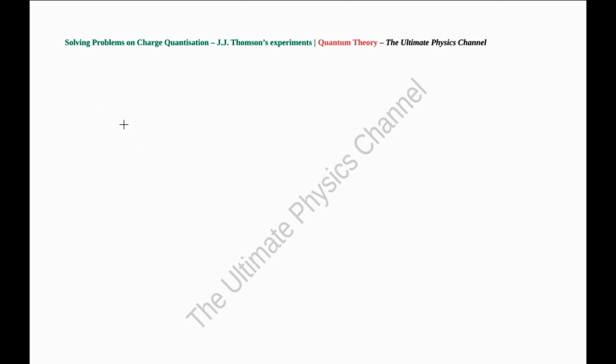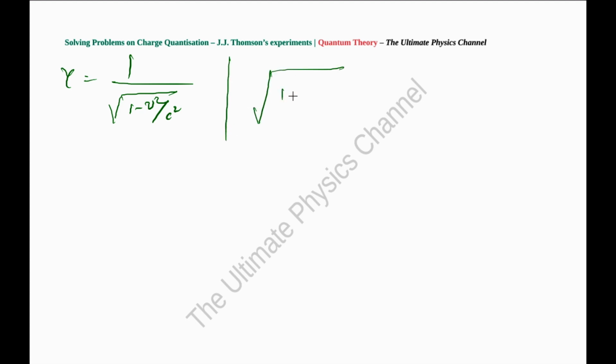Gamma is 1 over the square root of 1 minus v squared over c squared, or the square root of 1 minus v squared over c squared is 1 over gamma, which is 1 over 1.0976.